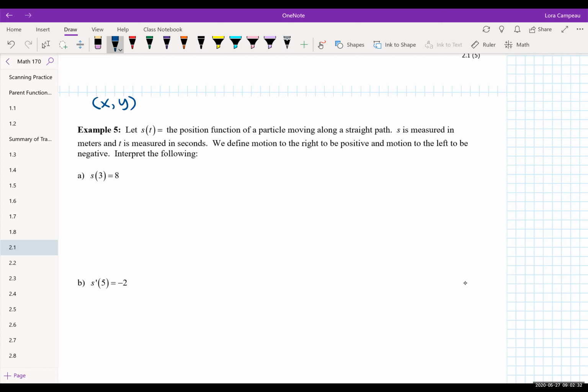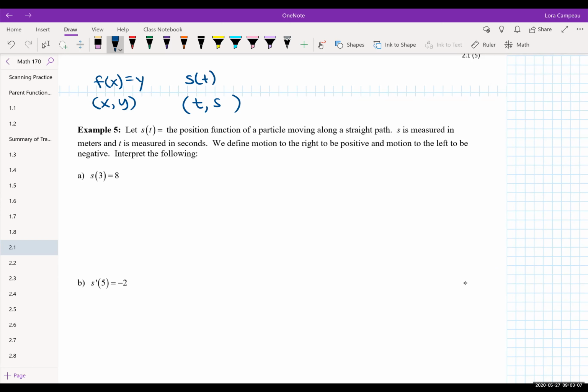I know when I see function notation, x and y usually go along with this. So if I'm looking at S of t, it appears that the independent variable is time, and then the position is the dependent variable. That could help me a little bit in my interpretation.